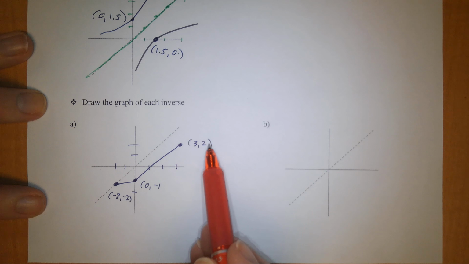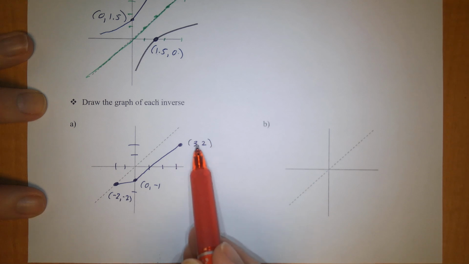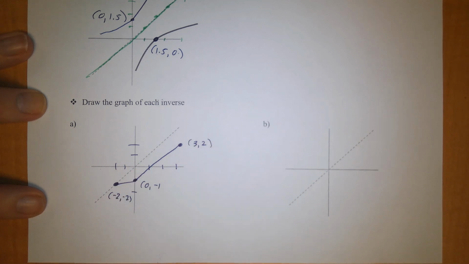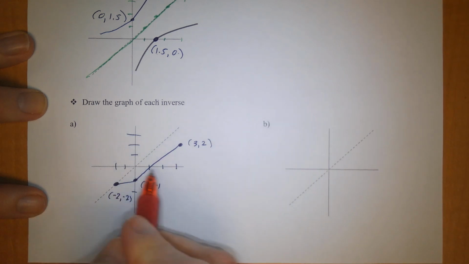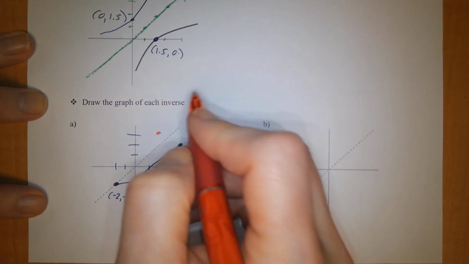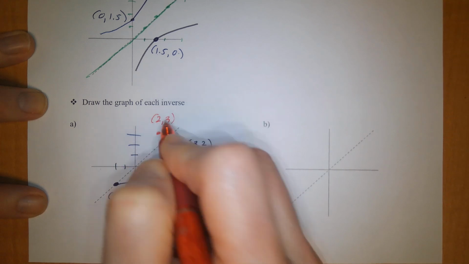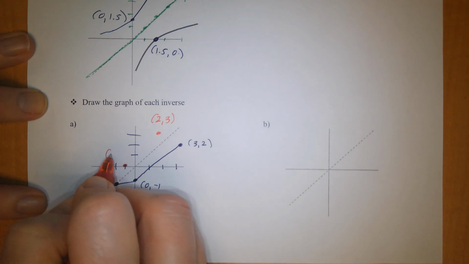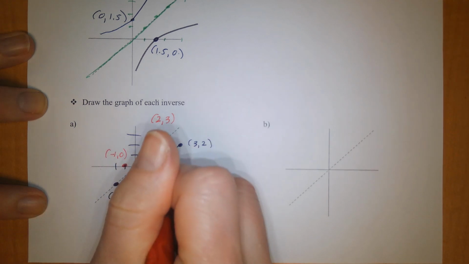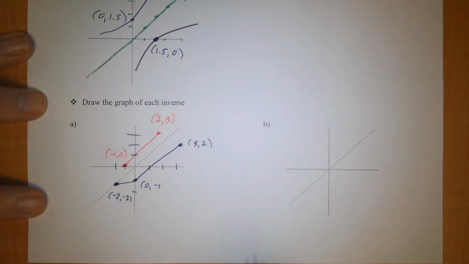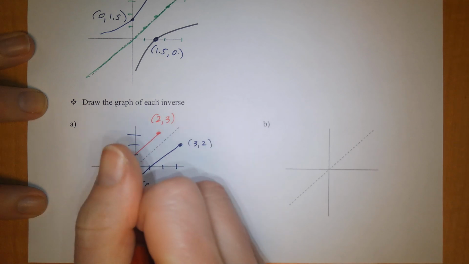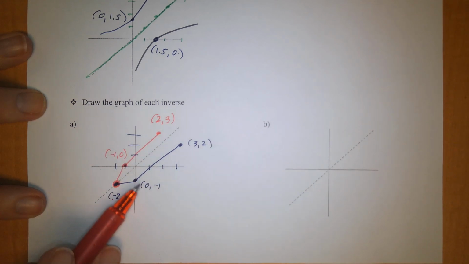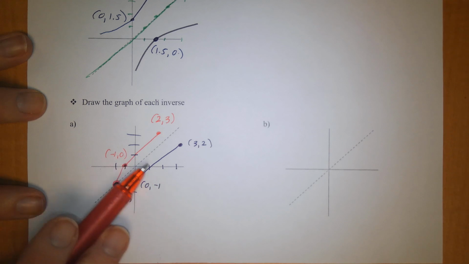So I'm going to swap these two points. So (2, 3) will be a point on the inverse. Point (-1, 0) will be a point on the graph. (-2, -2) will be a point on the graph. And you can see that these two graphs are symmetric of each other over the y equals x line.